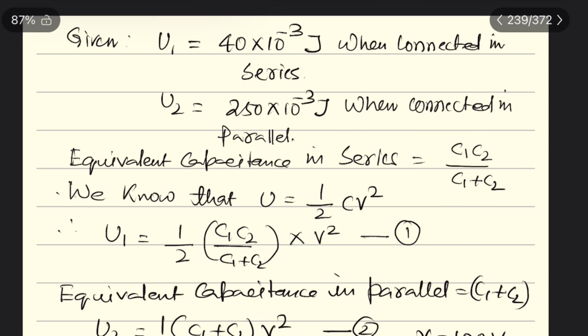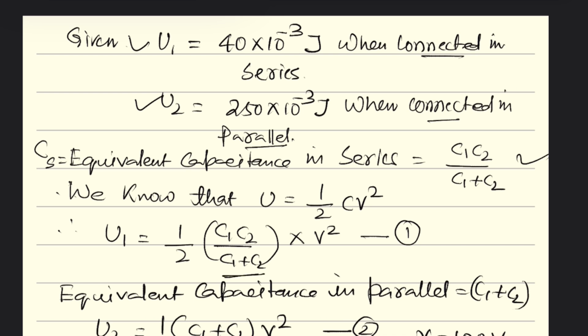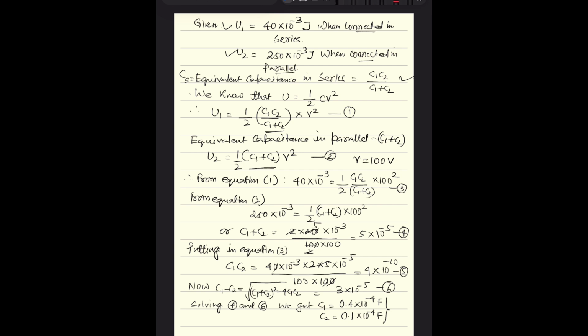So this is the energy when they are connected in series, 40 millijoule, and this is the energy when connected in parallel. In series, the equivalent capacitance is C1 C2 by C1 plus C2, and the energy is half C equivalent into V square. In parallel, the energy is also half C V square, where the capacitance is C1 plus C2 and the voltage is 100 volt.